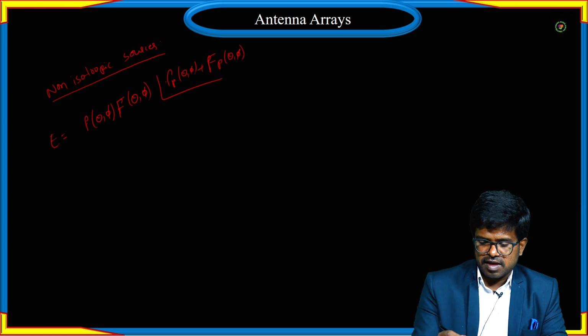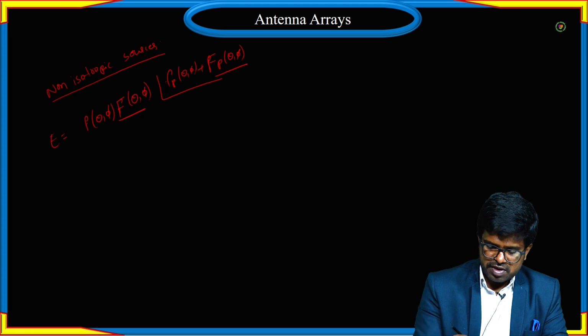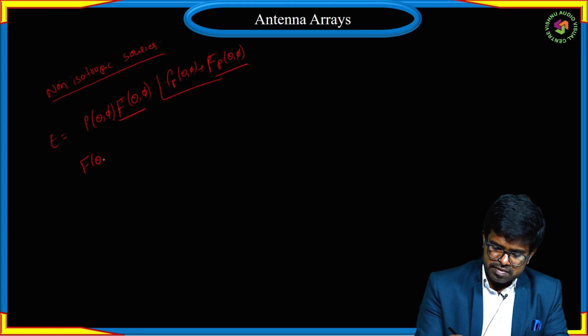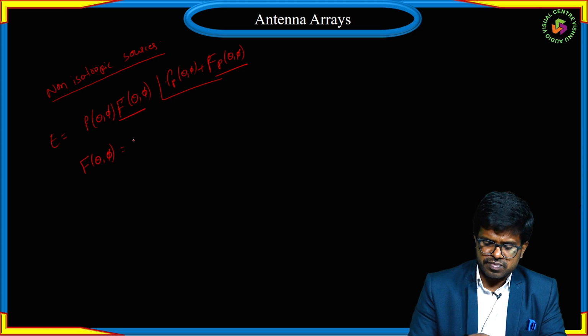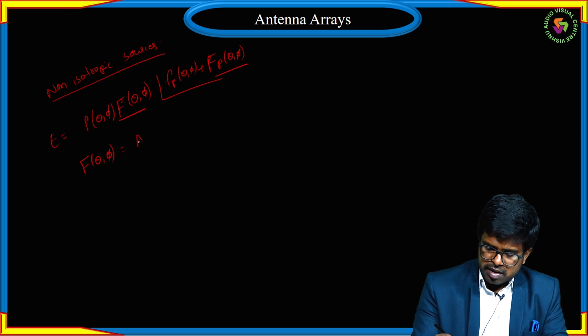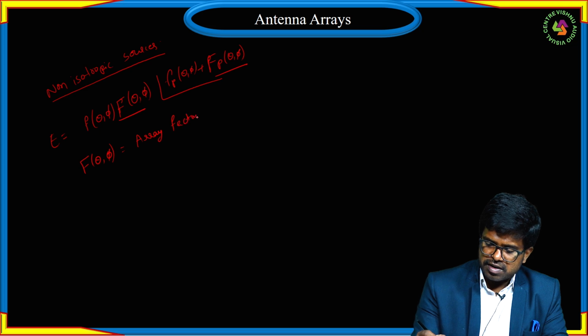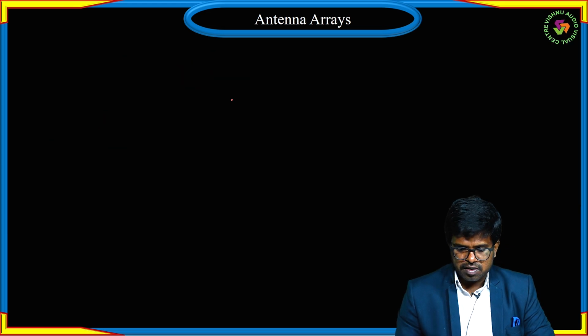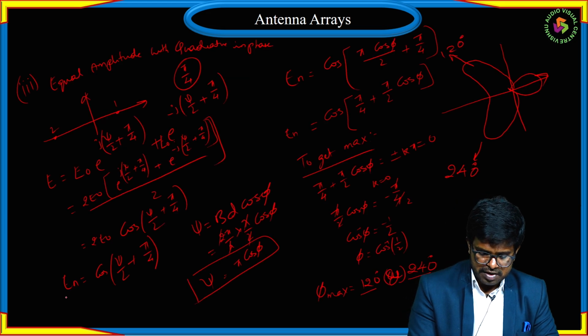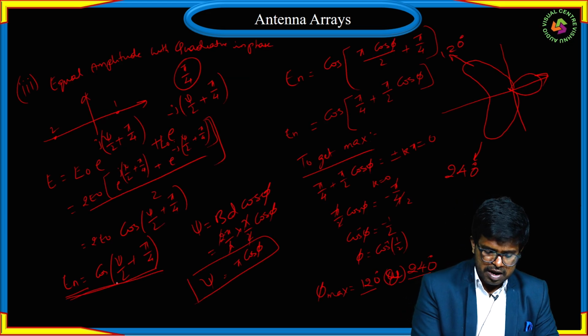See here, this capital F value is nothing but the array factor pattern. Array factor means, just now in the previous cases, we have taken these En values. These all are called array factor.